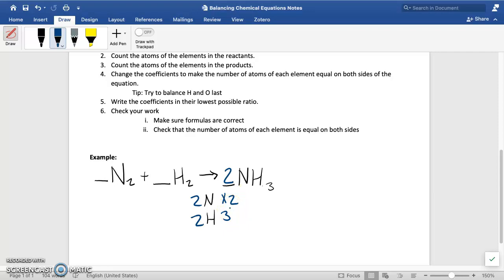Now I have to figure this out because I've got 3 here. 3 times 2 gives me 6 hydrogens. So if I've got 2 on this side, if I put a 3 here, 3 times 2 gives me 6 on this side. So now I've got 2 and 6 and everything balances.